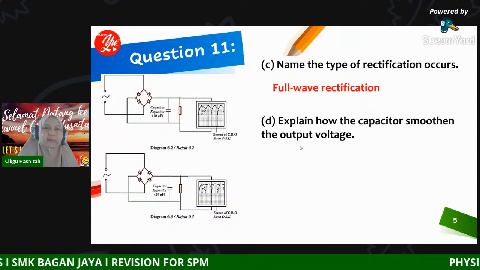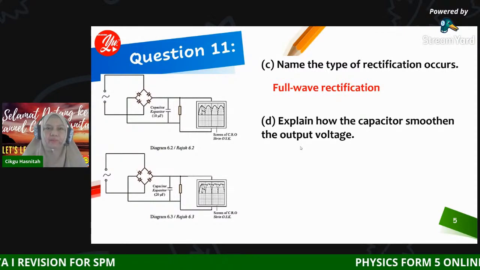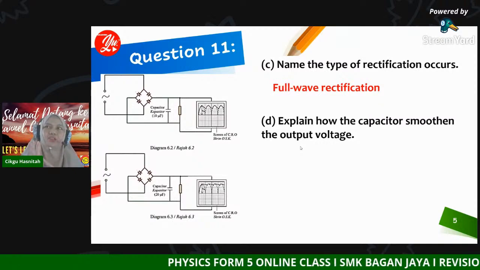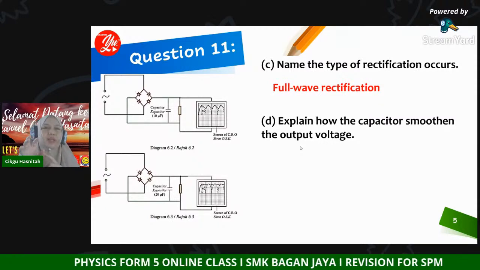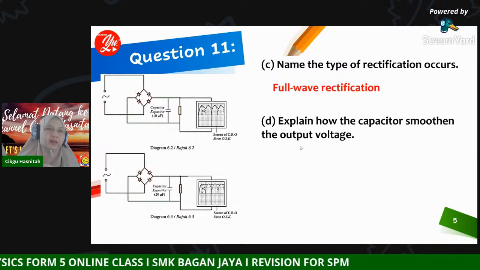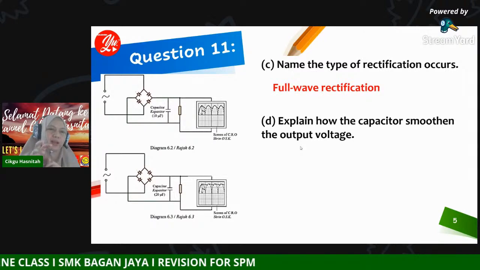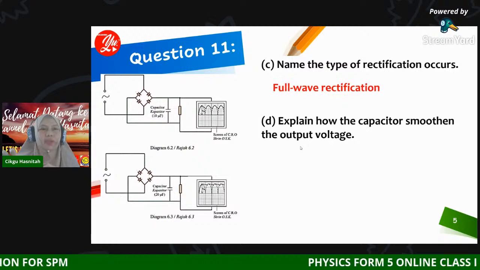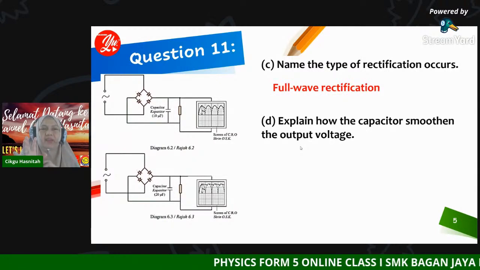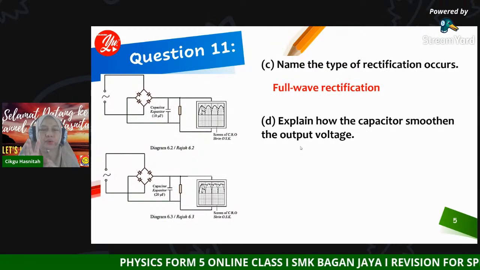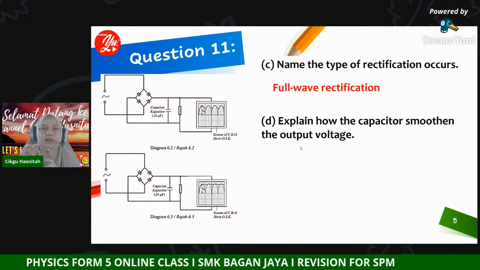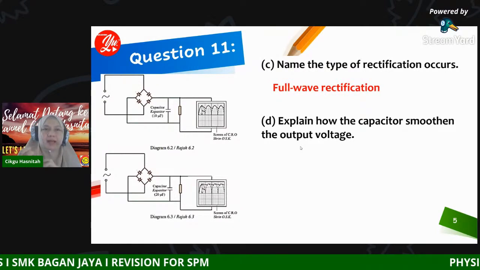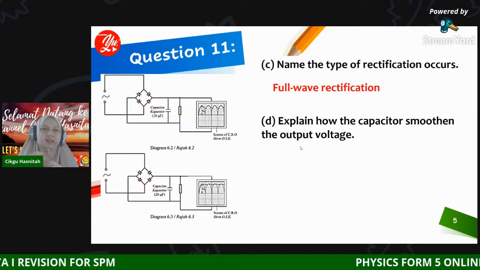You can say what happens to the capacitor when the current flows through it, and what happens to the capacitor when the current stops flowing to the circuit, when there is no voltage supply to the circuit.